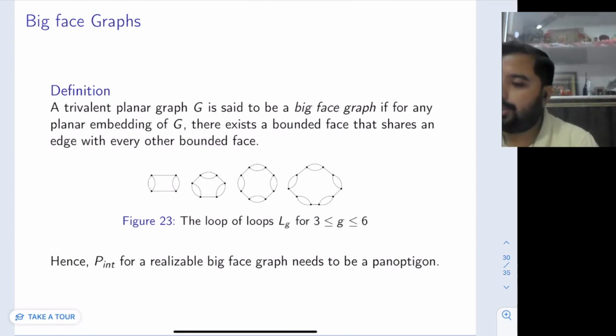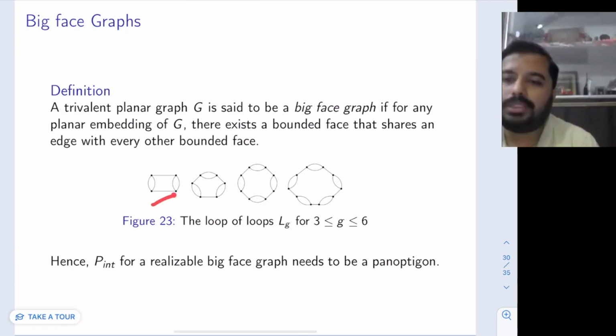The question comes from these skeletons. We define a big face graph to be a graph such that in all its planar embeddings, there exists a bounded face that shares an edge with every other bounded face. And one such big face graph is the loop of loops.